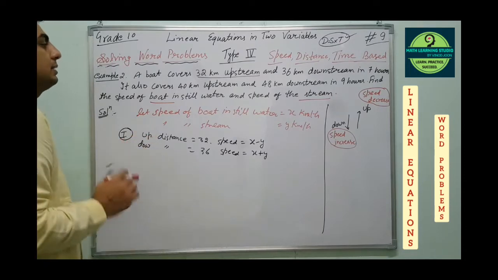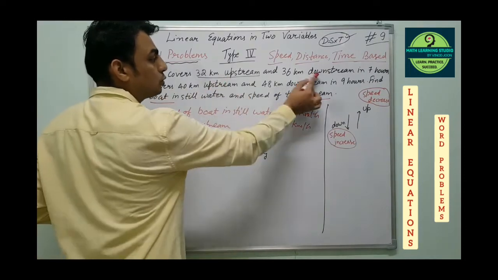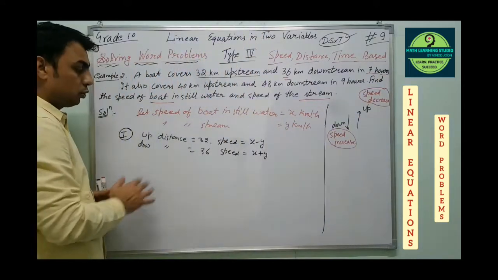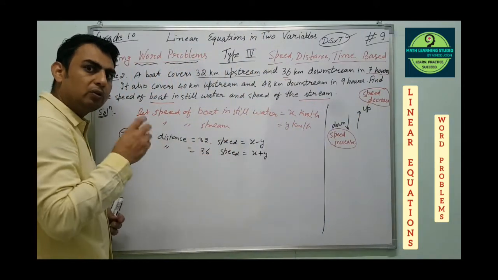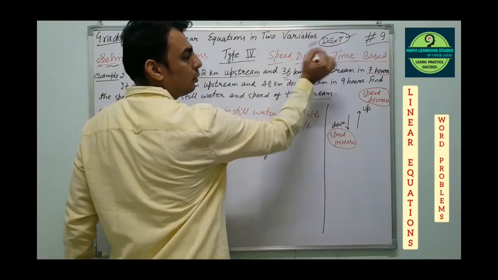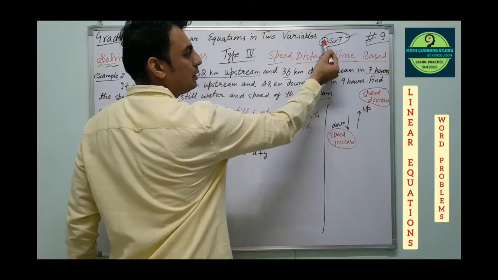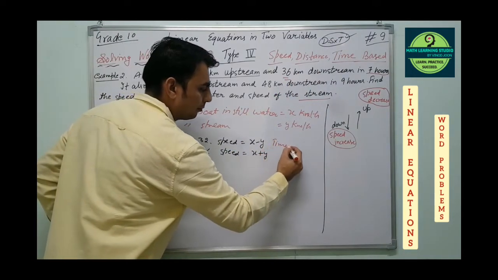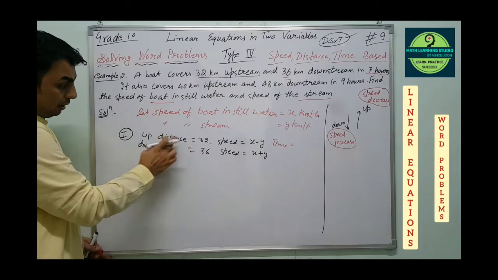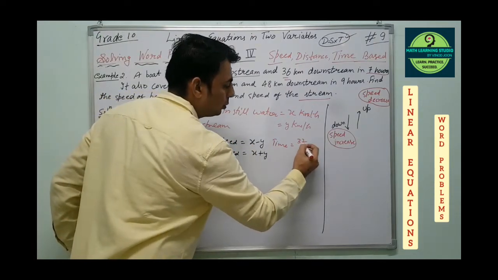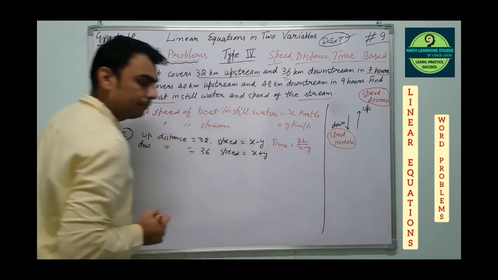Now, it says that the boat covers these two distances in a time of 7 hours. So, from this information, we have to find out the time. Now, distance is equal to speed into time. So time will be equal to distance by speed. It simply means that this time will be distance upon the speed, that is 32 divided by x minus y.